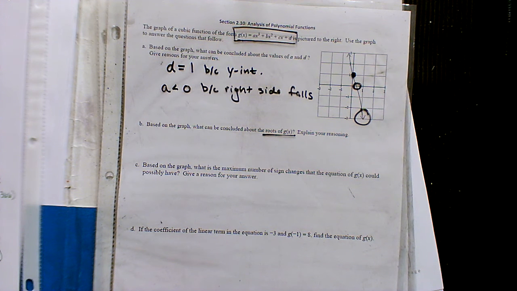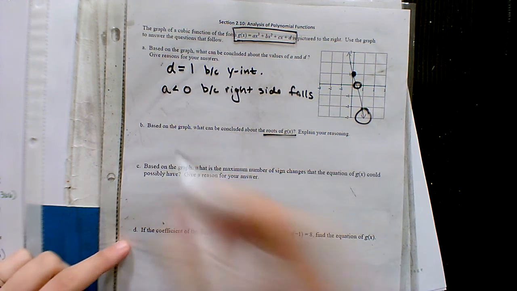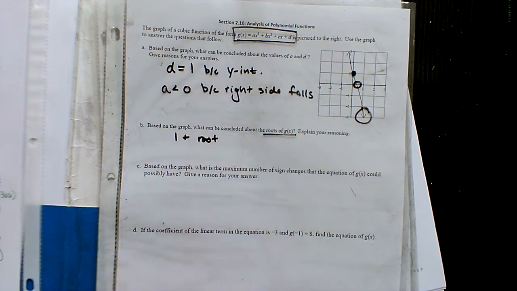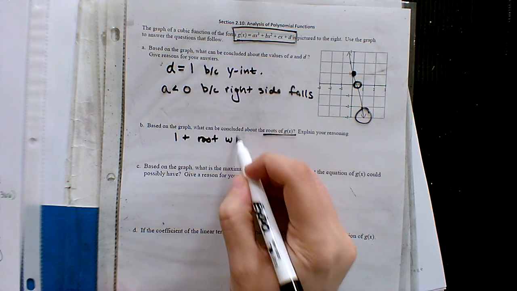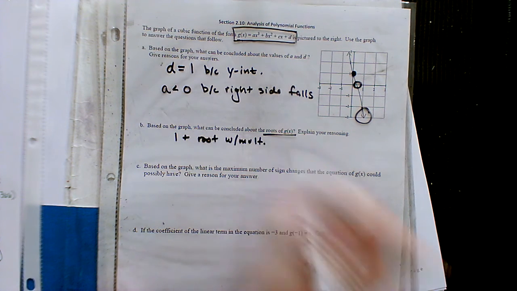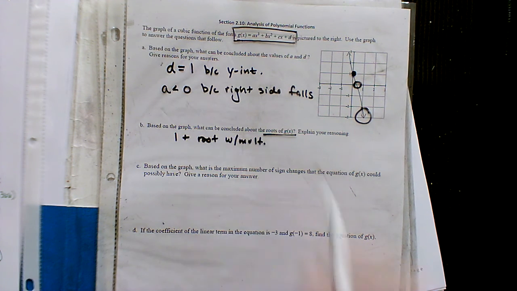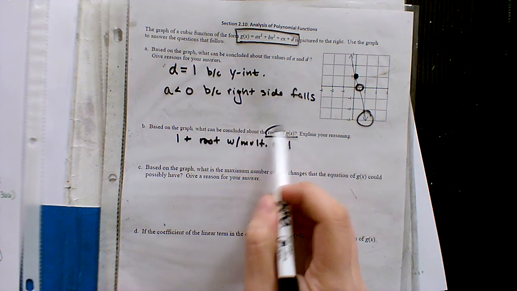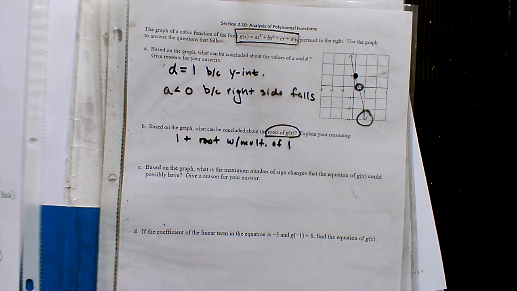Do we know something about that root? It's positive, or it's on the positive side. Okay, so we have one positive root with multiplicity of 1. Can we conclude anything about the other roots?